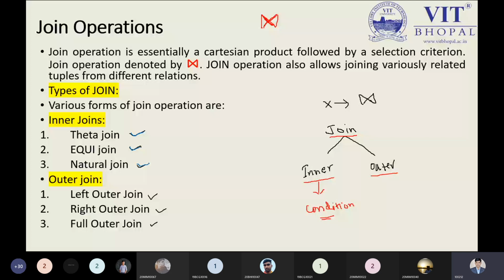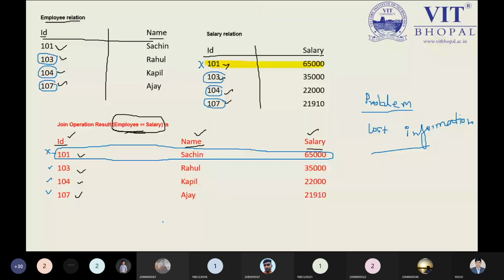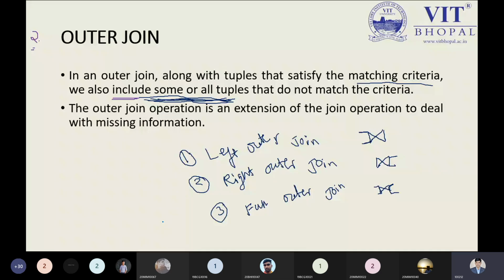In the outer join we have three different flavors: left, right, and full outer join. Let us understand the thing with the help of the outer join definition, not theory, just the definitive part. In an outer join, we pick all the records or tuples which match the criteria.